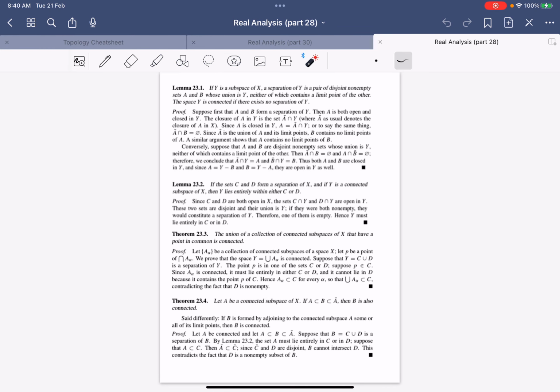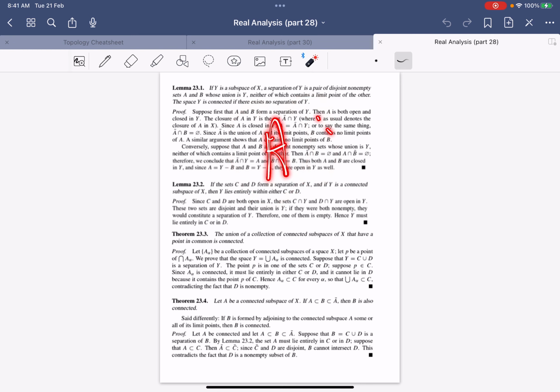It must be connected under its subspace topology, meaning you cannot find a separation in the subspace topology of Y. Another way of saying it, and the proof I'll leave it to you to read, is saying that neither set A nor B contains limit points of each other. Else you can find a neighborhood that intersects.